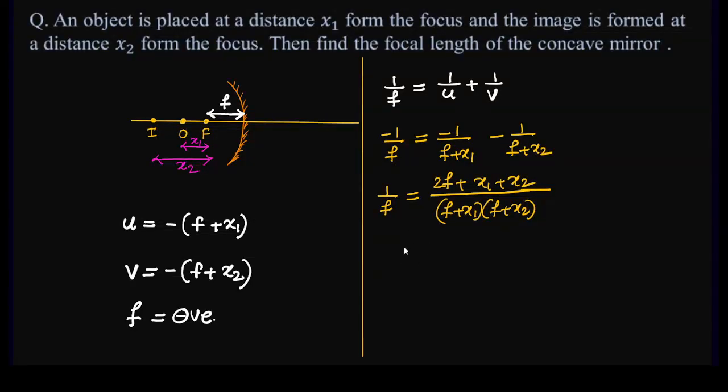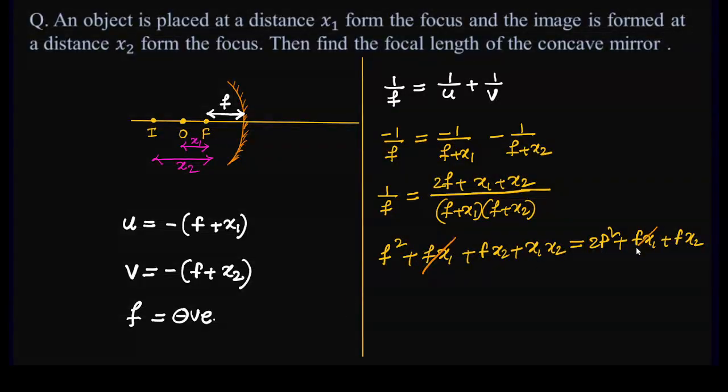So f into f is f squared plus f into x1 plus f into x2 plus x1 into x2, which is equal to 2f squared plus f into x1 plus f into x2.